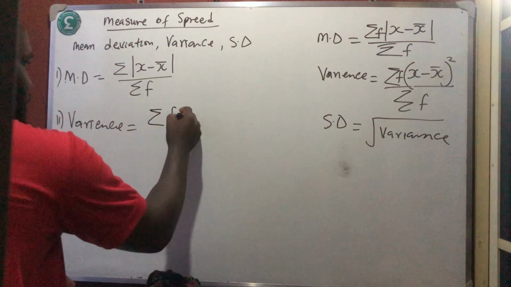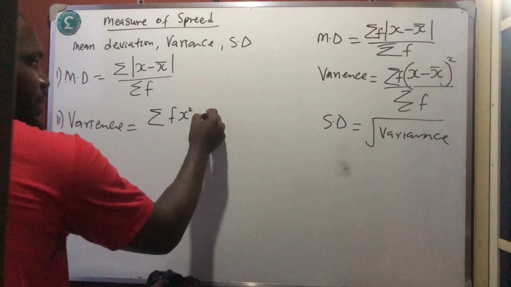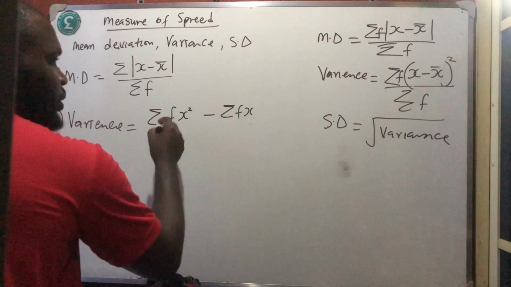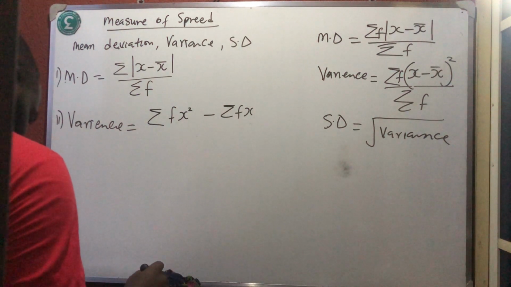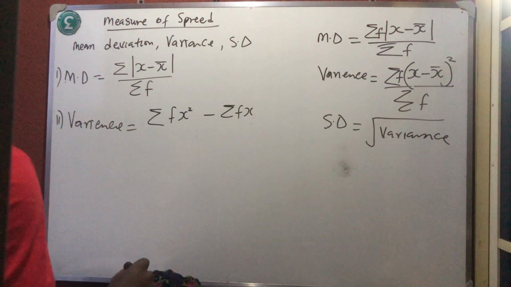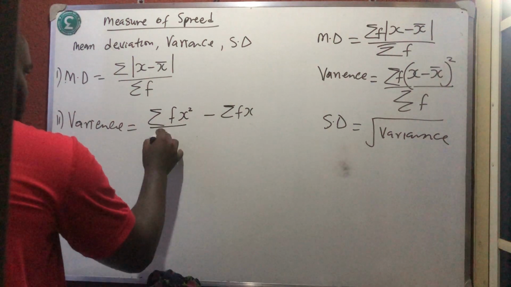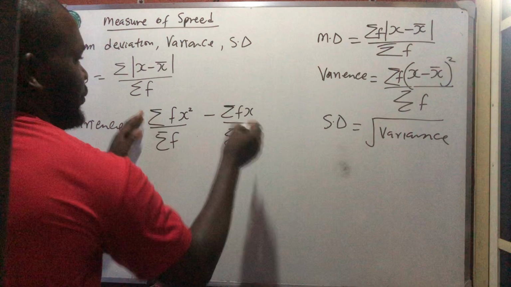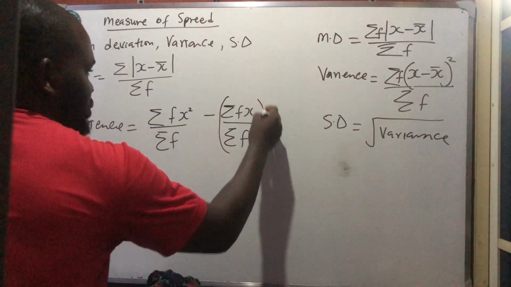It's going to be summation f of x squared, minus summation fx, all over summation f for this side, and all over summation f for this side, but this side here must be squared.